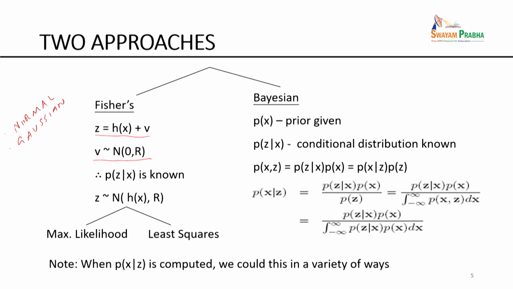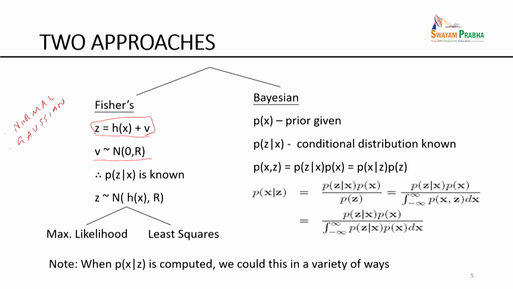So what is the assumption here? X is unknown. X, as a parameter value, is a fixed constant. Mother Nature has fixed that constant x, and she doesn't tell us. But I can get information about x through z. Z is equal to h of x plus v, so h of x contains information about x.